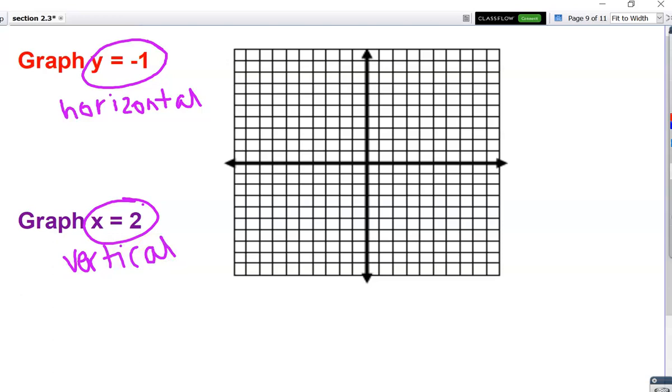So for the graph of y equals negative 1, we're going to look on the y-axis, find the number negative 1, and then just draw a horizontal line. And then for the graph of x equals 2, look on the x-axis, plot a point on the number 2, and draw a vertical line passing through that point.